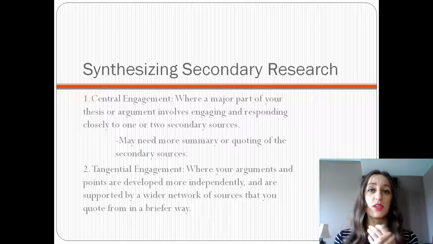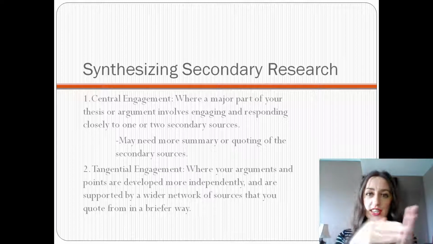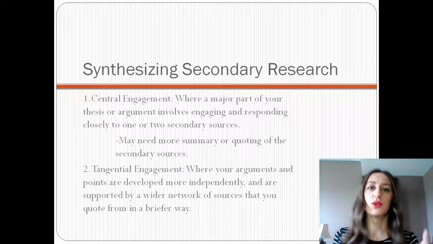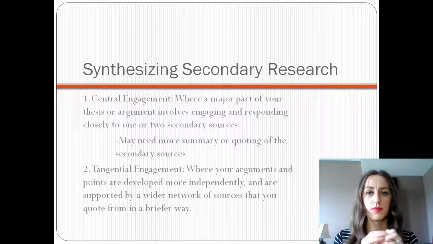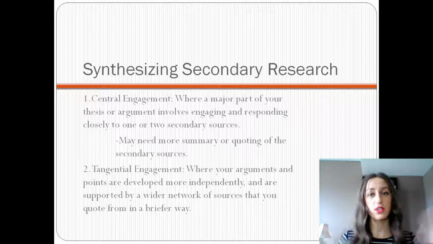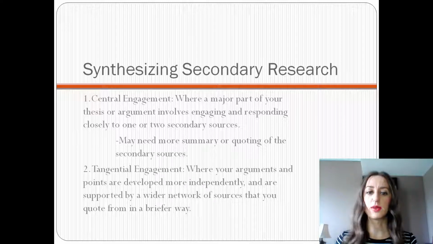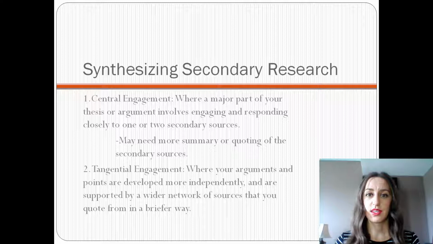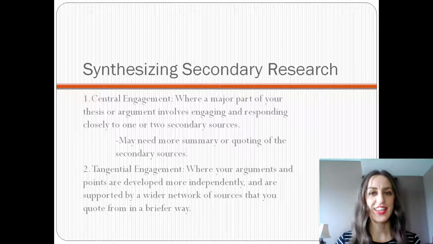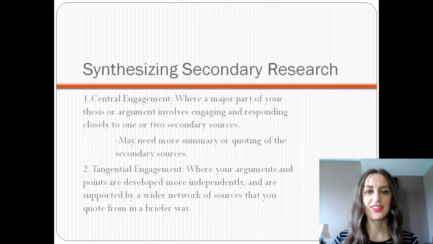Maybe central engagement could be called direct engagement, like directly talking back to one or two of your key sources. And obviously you'll have to use the rest of your sources as well, but there'll be a little bit more of the tangential engagement, which brings us to the second way to engage with secondary research, which I call tangential engagement.